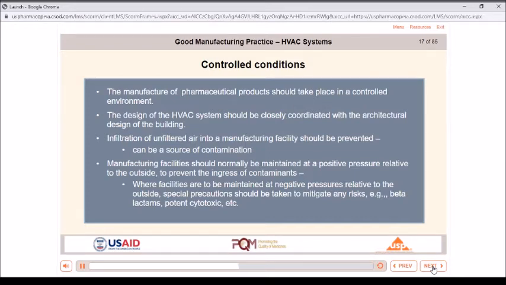Manufacturing facilities should normally be maintained at a positive pressure relative to the outside to prevent the ingress of contaminants. Where facilities are to be maintained at negative pressures relative to the outside, special precautions should be taken to mitigate any risks, e.g., beta-lactams, potent cytotoxic, etc.